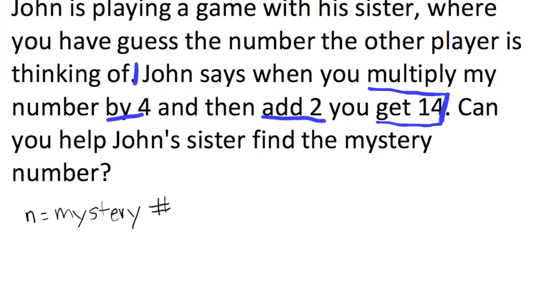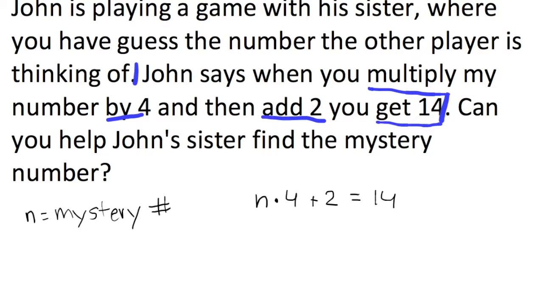Well, for the equation, we just have to go step by step. It says when John multiplies his number by 4, meaning if n is his number, this is n times 4, and then adds 2, he says he gets 14, which is just another way of saying after the steps he did before, it equals 14.